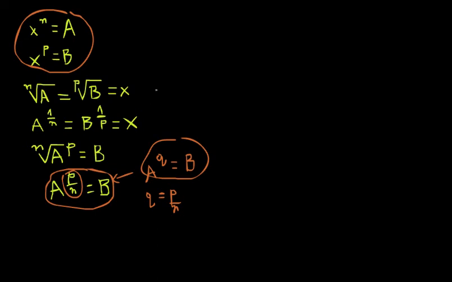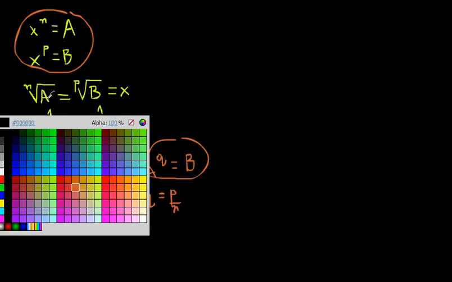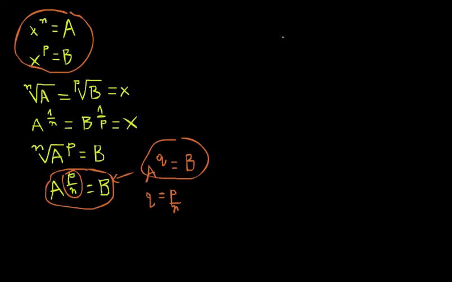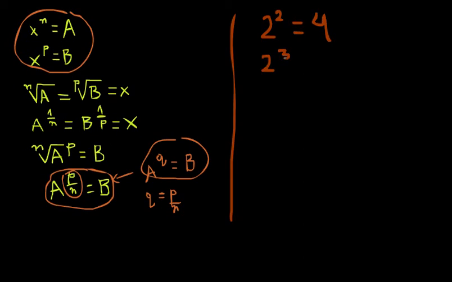So it becomes even more clear if we substitute it with real numbers. Let's suppose we assume that 2 to the second power is 4, and 2 to the third power is 8.